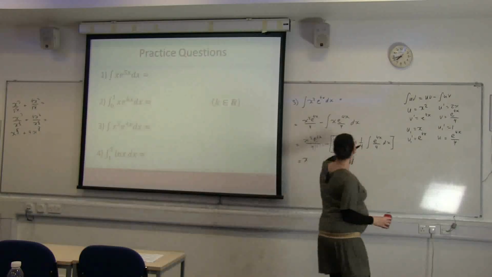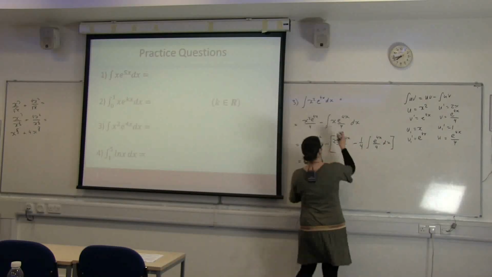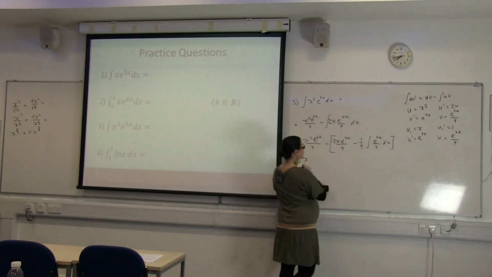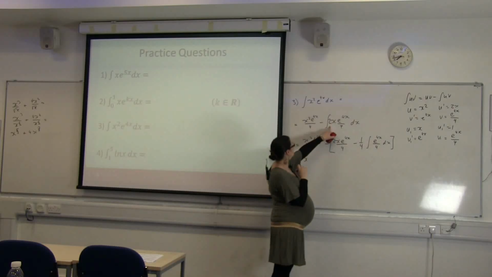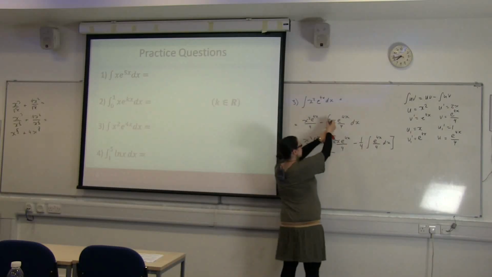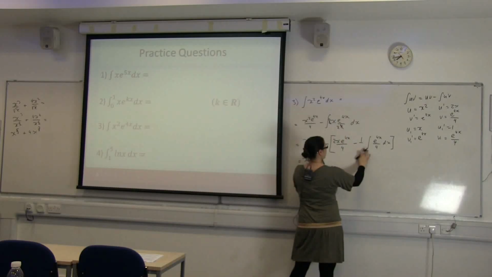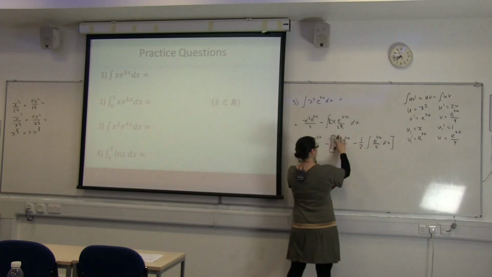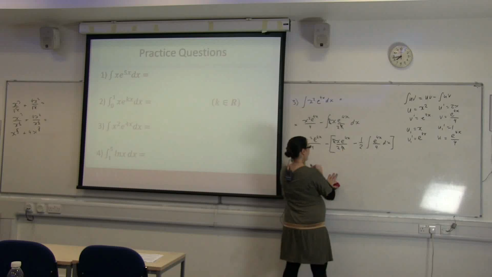Okay, so u prime was 2x, so that's supposed to be 2 here. And that cancels down, so that is just 2 in here, and that again cancels down to 2 in here.